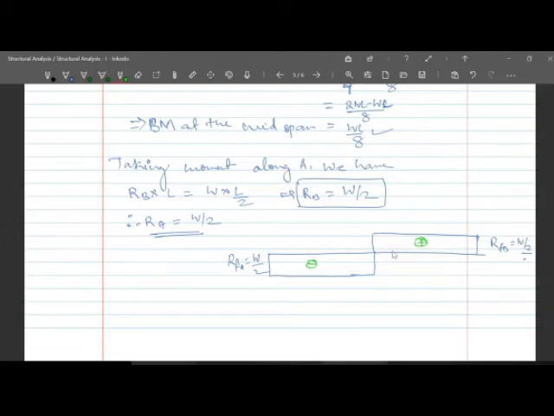So RFA from the starting will go plus up to W. Wait, just a moment.